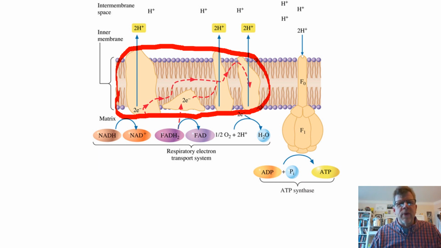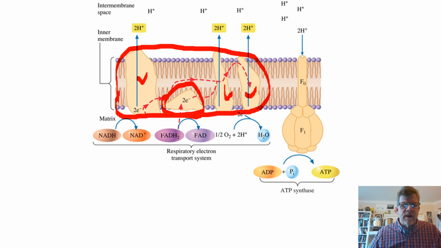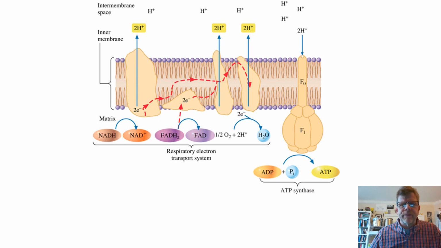And notice 3 of the blobs, which we see here, traverse all the way through the membrane. They go from one side to the other, and one of them only goes part of the way through. So that's going to be ultimately important.